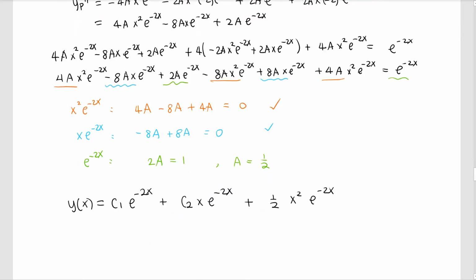So this is our final answer of this problem. And you can see this is x squared e to the negative 2x, so it does not appear in the homogeneous solution. Because if it were the same term already in the homogeneous solution, then c2 could absorb that term, which would mean the particular solution is 0. But in this case, it's not the same term. So that's why it makes sense.